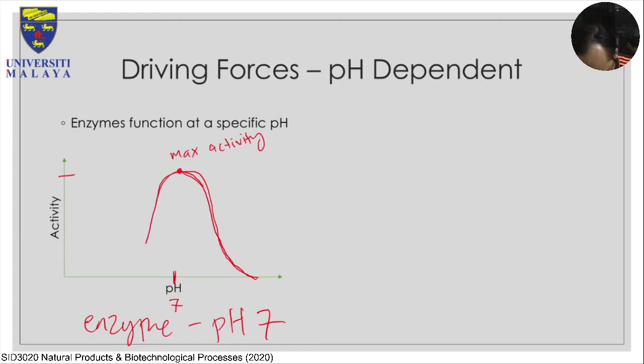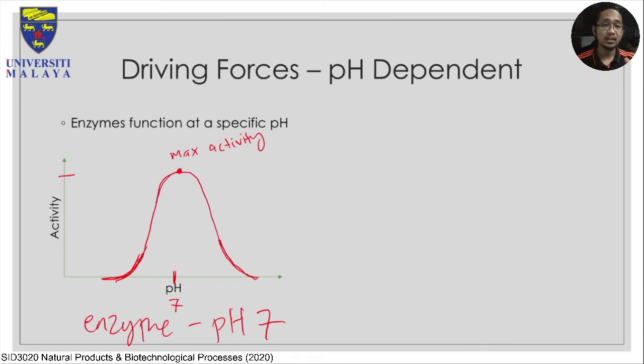The activity goes lower and lower, and towards the end it dies off. If you look at the shape, I'm trying to draw it as best as I can, it is a bell shape. That's what we call bell shape enzymatic activity.